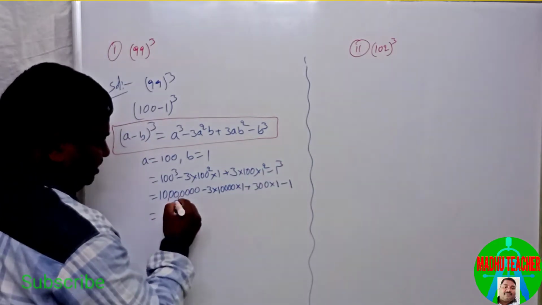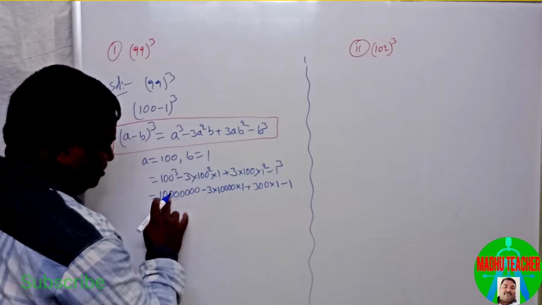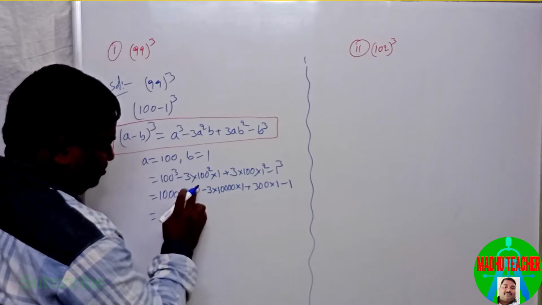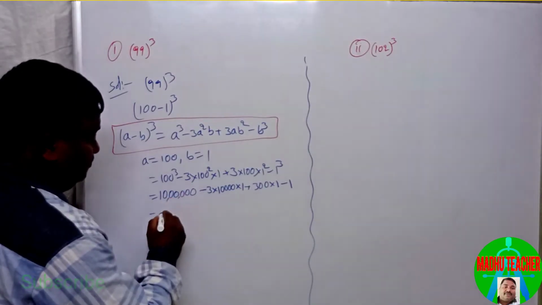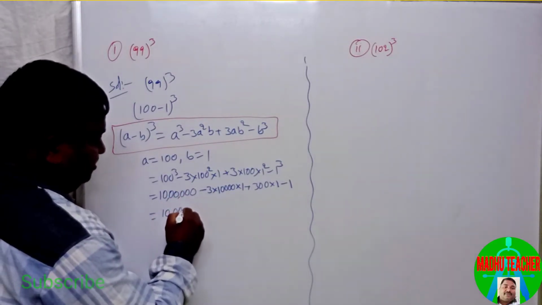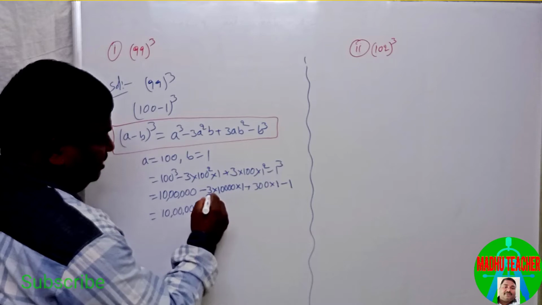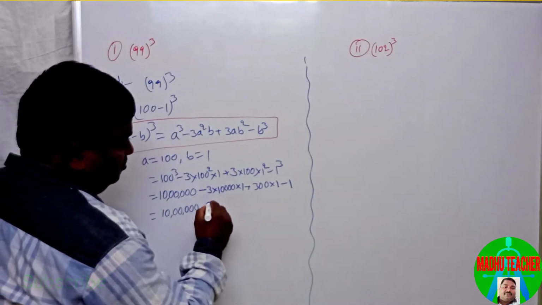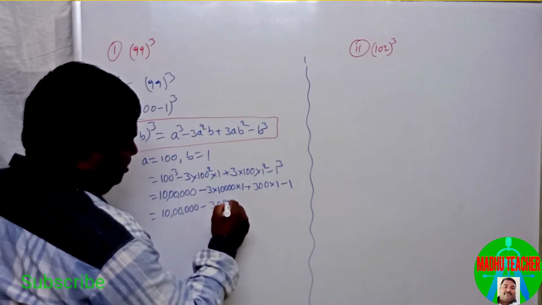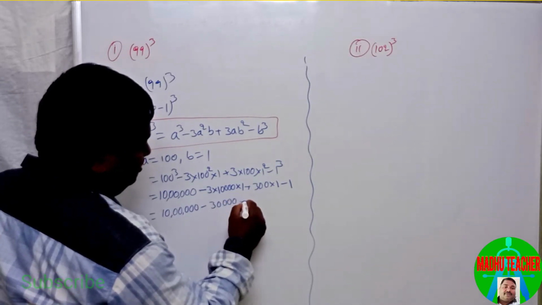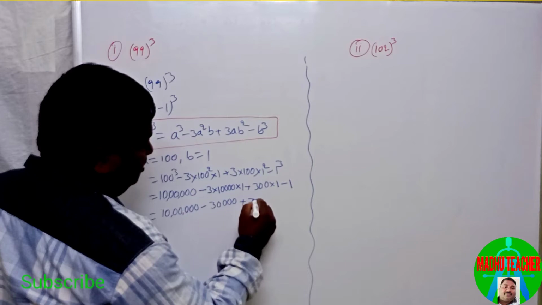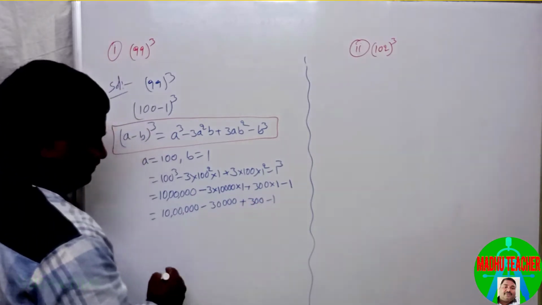So that is 10 lakhs, we have only 6 zeros. Now 10 lakhs minus 3 into 10,000, that is 30,000, into 1, 30,000, plus 300 into 1, 300, minus 1.